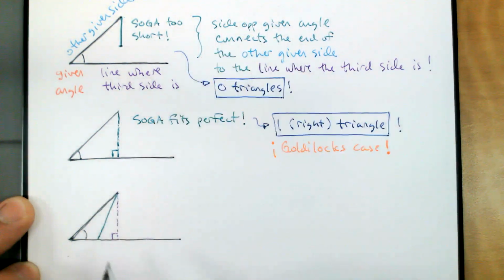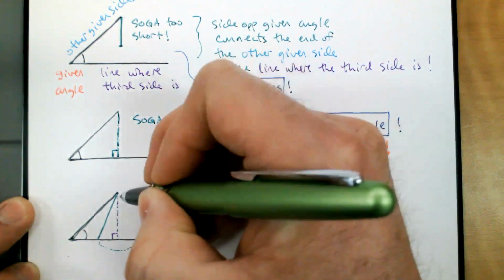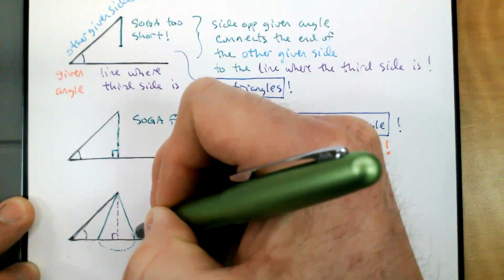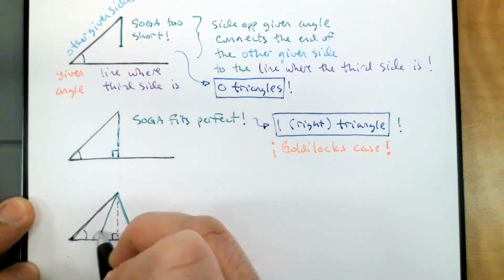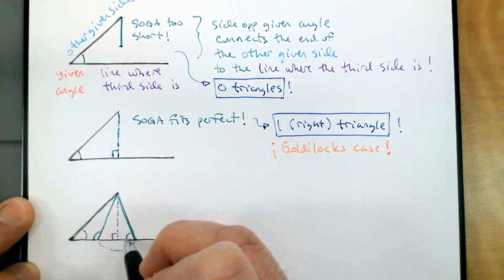Or if we just swing this same distance around like on a compass, we get two possible angles.